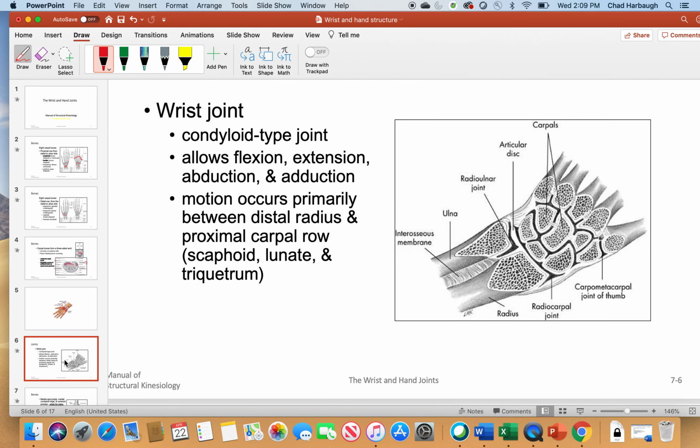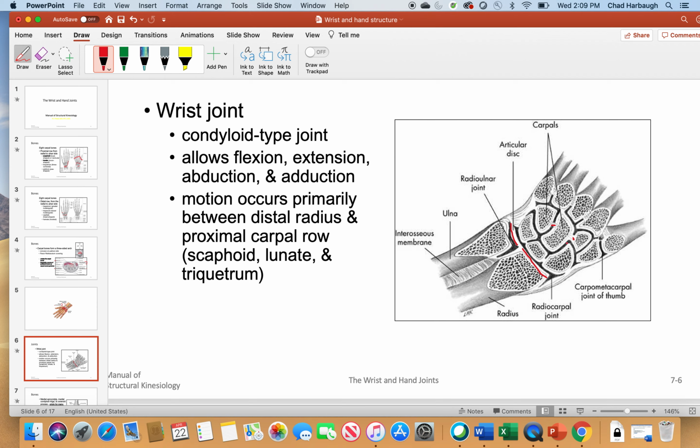So again, when I mentioned the wrist joint, we're looking at the carpals of the wrist. And you can see that the majority of the articulation with the carpals of the wrist is going to occur with the radius, and this is called the radiocarpal joint. So these carpals are interlocked together, and they're bonded together through a series of small ligaments and this articular capsule.